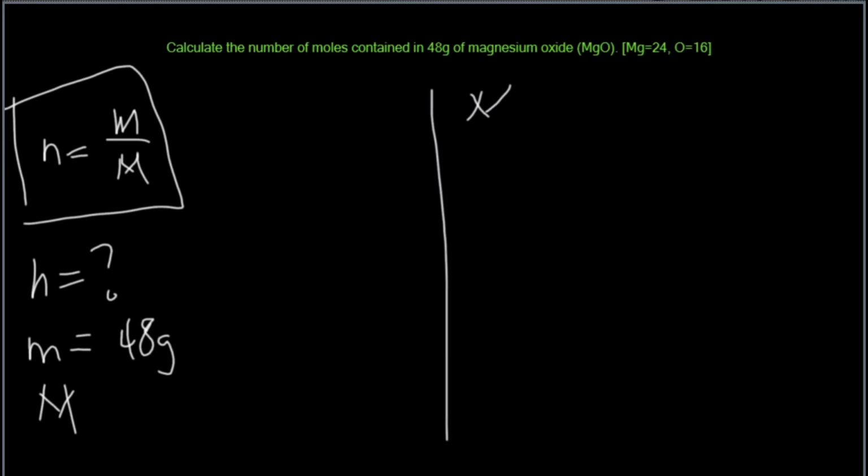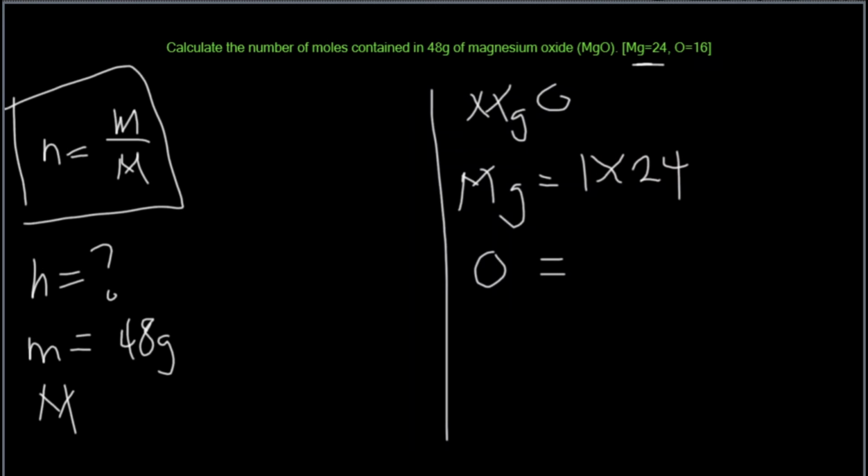For MgO, we have only one Mg. So Mg is 1 times its relative atomic mass, which is 24. Then we have O, which is only 1 times its relative atomic mass, which is 16.